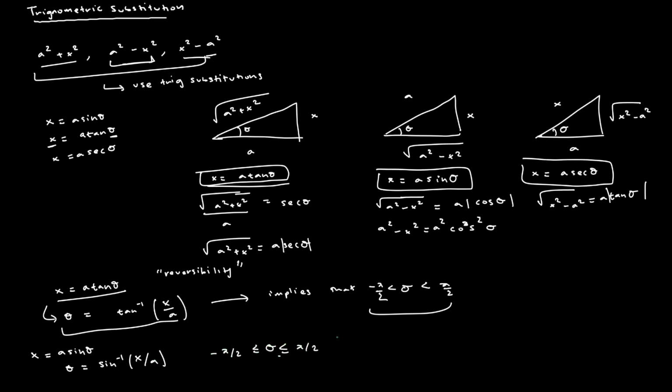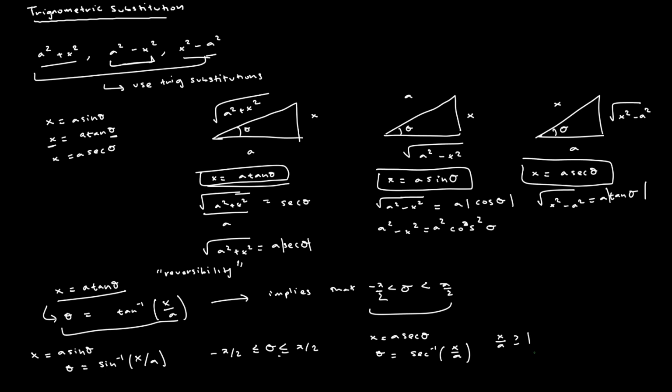And finally, when we have x is equal to a times secant theta, then we have theta is equal to secant inverse of x over a. And here, note that the graph of secant inverse is disjoint. Secant inverse doesn't have a domain between 1 and negative 1.